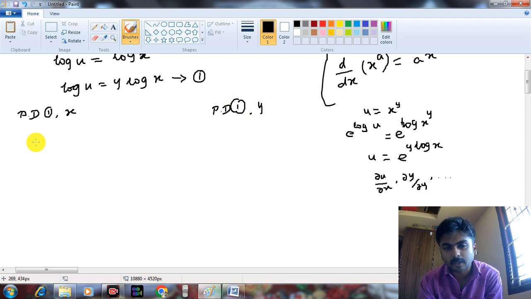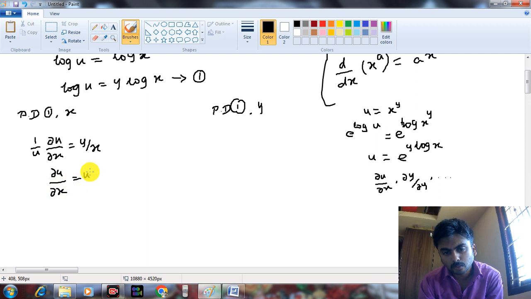Okay, so here we get log u. u is a function of x and y, so we get log u as 1 by u, and again this you have to differentiate with respect to x, so ∂u/∂x, that is equal to, here since we are differentiating with respect to x, we can take y as constant, and differentiating log x we get 1/x, so ∂u/∂x equal to uy divided by x.